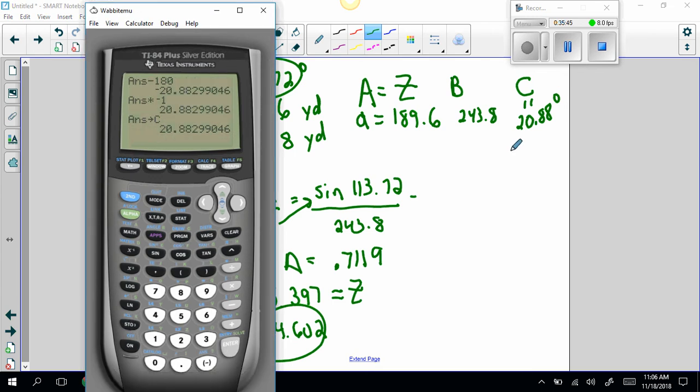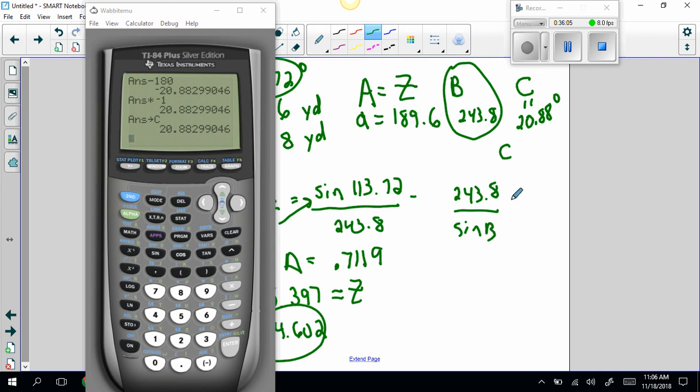Now we just need little c. No sense going C1 and C2 since there is no A2, so let's call it C, and go side finder. But you know your pair that was originally given is the B's. So if you're going side finder, it's 243.8 over sine B equals C over sine C. Just cross that up, you're going to be done.